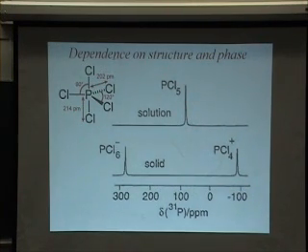However, if this phosphorus pentachloride is taken in the solid form, there is a disproportionation reaction that takes place, and two kinds of species are made: phosphorus hexachloride and phosphorus tetrachloride. Now, if you have a spectrometer that is fitted with the phosphorus channel, a probe that can be tuned to the phosphorus frequencies, then you will see two peaks, because there are two kinds of phosphoruses now.